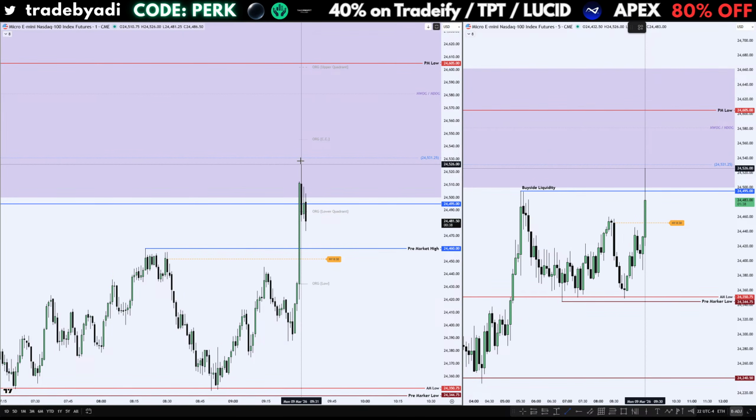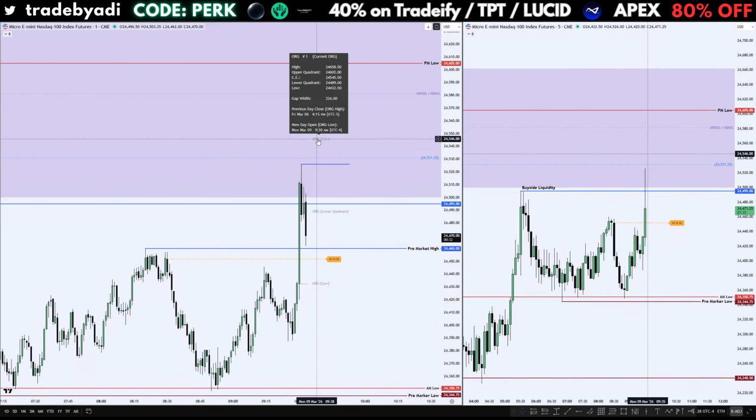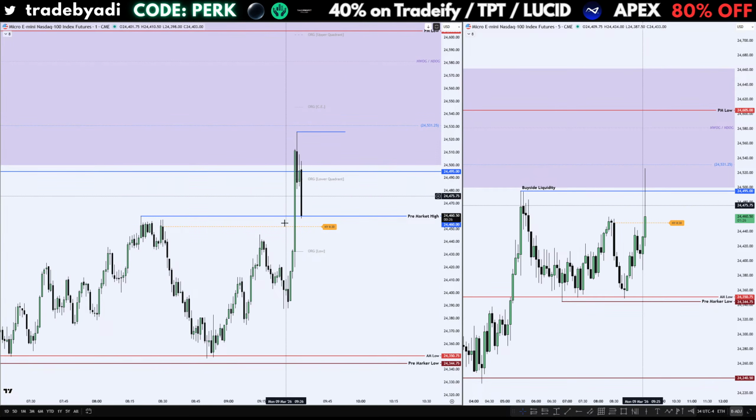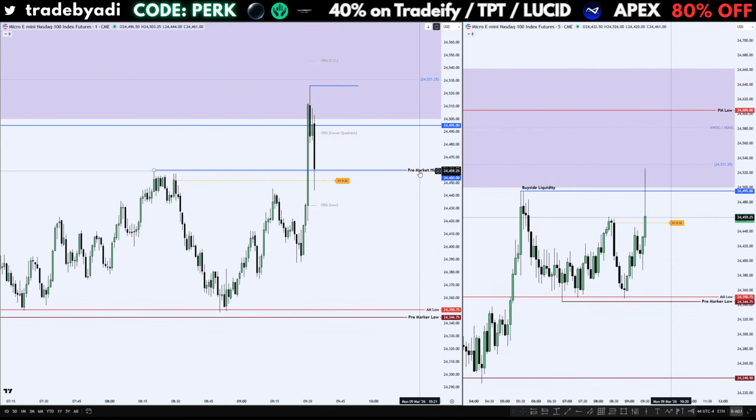What can happen if we are going to take out this high and reprice to the opening range gap CE? Then it will be interesting. But if we completely flip this gap, then this gap is important, because if you see, we also aligned this thing with the pre-market high.